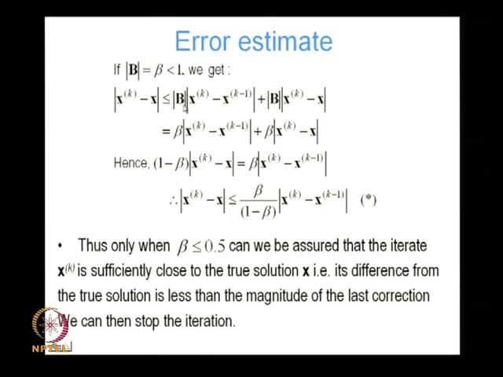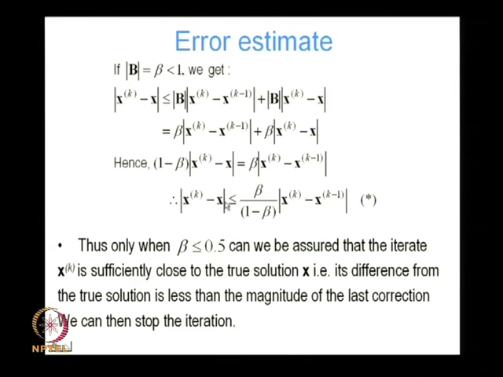And using the fact that the norm of B is equal to beta, we get beta times norm of x_k minus x_{k-1} plus beta times norm of x_k minus x. Again, bringing this term to the left hand side, we have 1 minus beta times norm of x_k minus x is equal to beta times norm of x_k minus x_{k-1}.